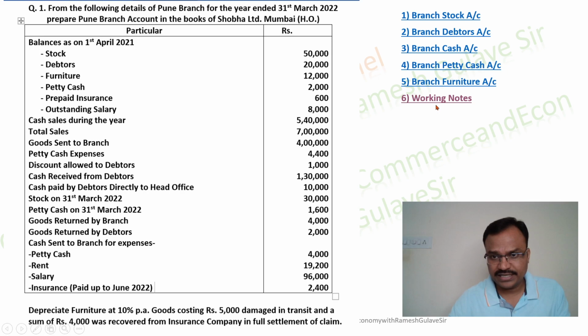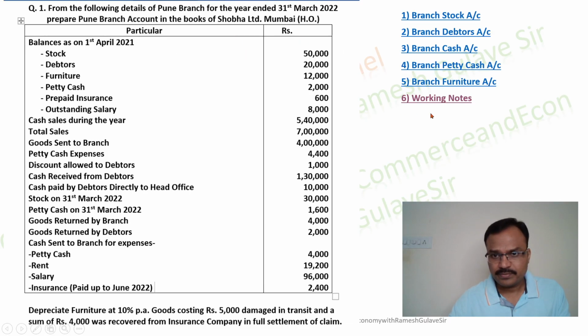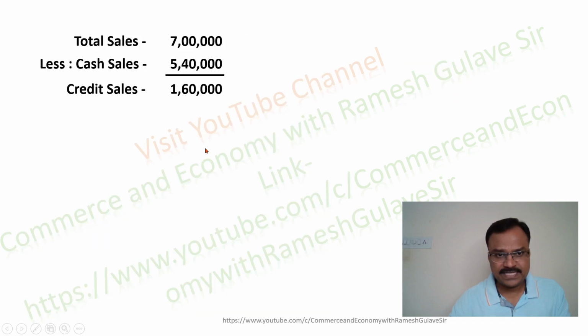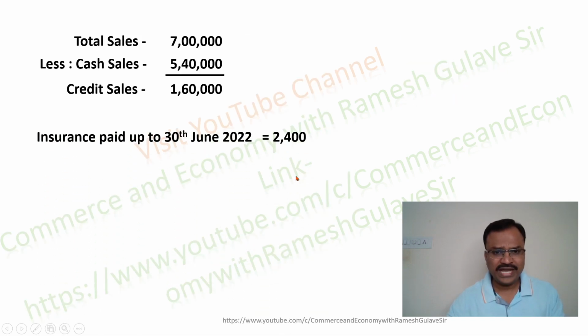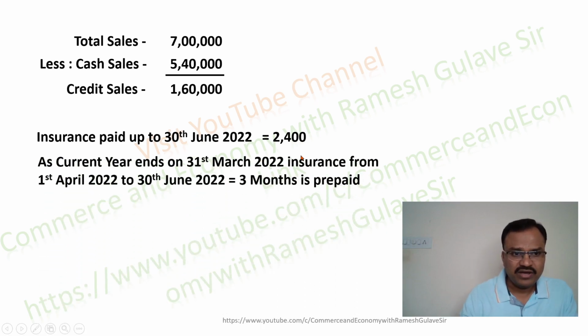So here in the working note, we are going to calculate the amount of prepaid insurance. Insurance paid up to 30 June 2022 is 2,400, right? Now, as the current year ends on 31st March 2022, insurance from 1st April 2022 to 30 June 2022, that is for 3 months, is prepaid insurance.